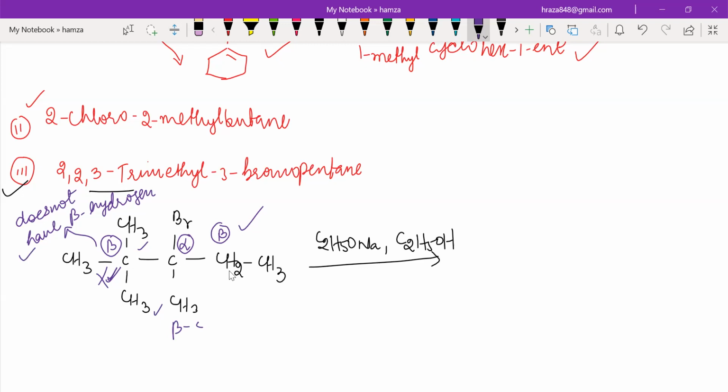So what I'm going to do is, first of all, I am going to do this and break this bond. So what we will get is CH3 and then C, and then CH3 will be here and CH3 will also be here, and again C, and here it is CH3, and again this is a double bond, and then CH, and then CH2.